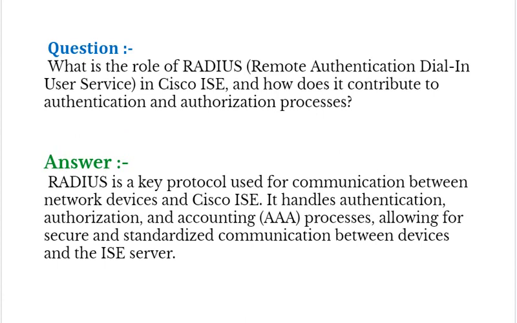Our next interview question is: what is the role of RADIUS, Remote Authentication Dial-In User Service, in Cisco ISE and how does it contribute to authentication and authorization processes? Your answer should be: RADIUS is a key protocol used for communication between network devices and Cisco ISE.